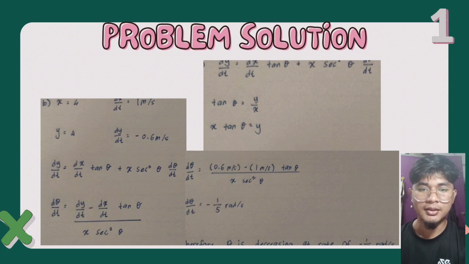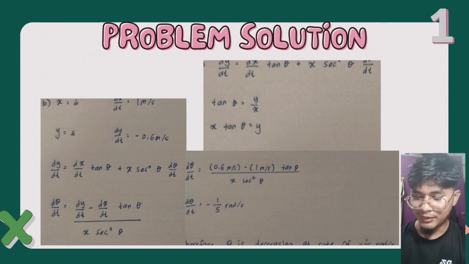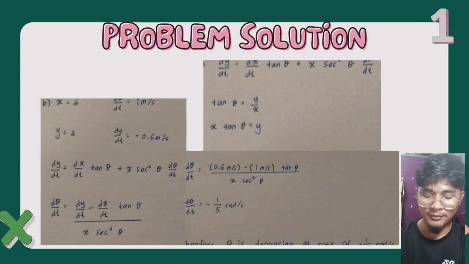So from this question, we just take the equation from the previous question, and we just put that info from the question, and we will get d theta per dt equal to negative 1 per 5 rad per second. Therefore, theta is decreasing at rate of negative 1 per 5 radians.